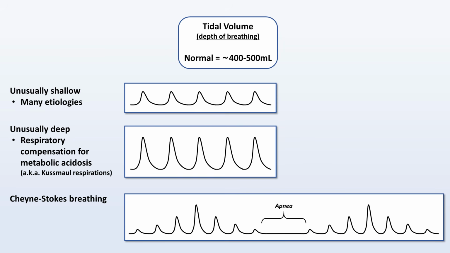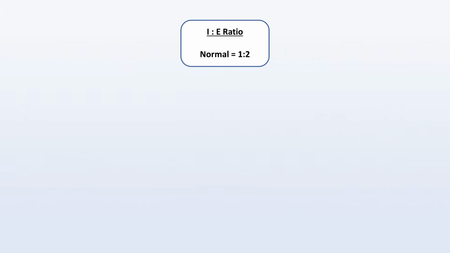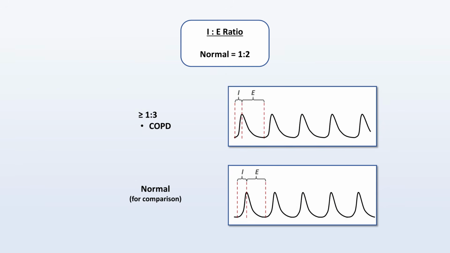The central component of its pathogenesis is thought to be increased sensitivity to carbon dioxide. It's seen in heart failure, a variety of neurologic disease, and in mountain climbers at high altitude. The only common abnormality with the I to E ratio is an exaggerated ratio. For example, obstructive lung disease such as COPD is associated with a ratio sometimes exceeding 1 to 3.